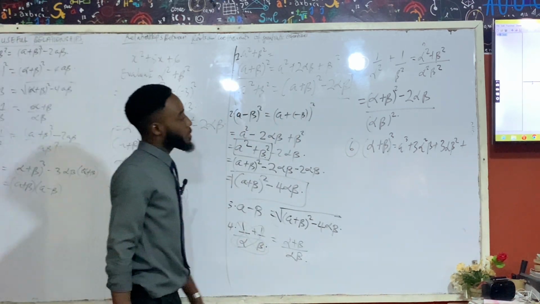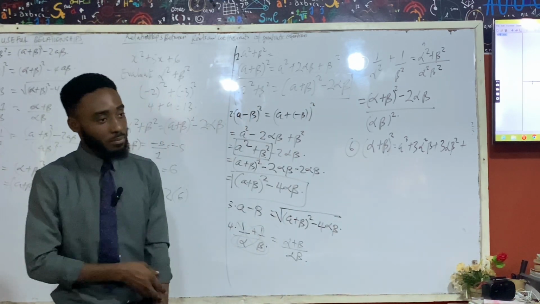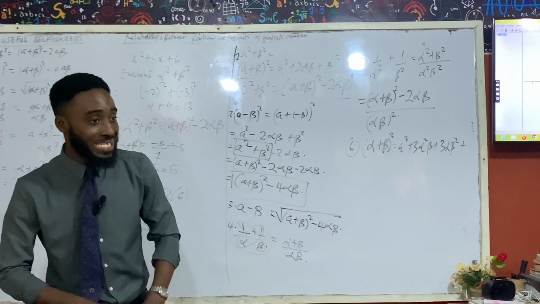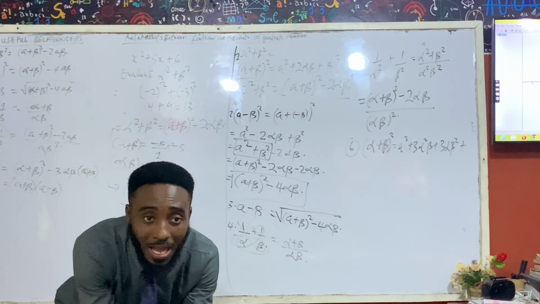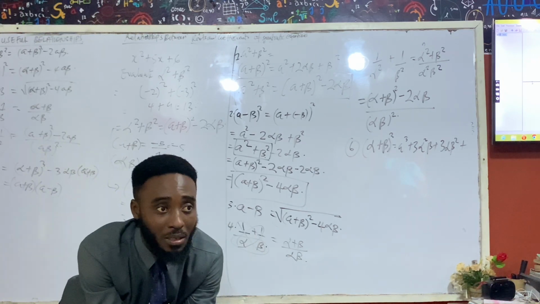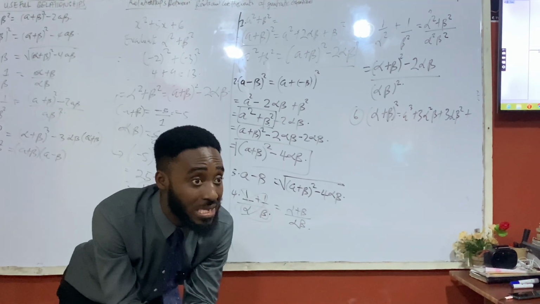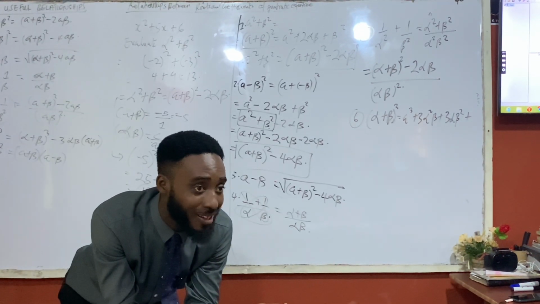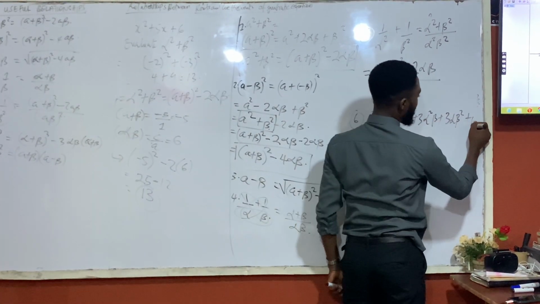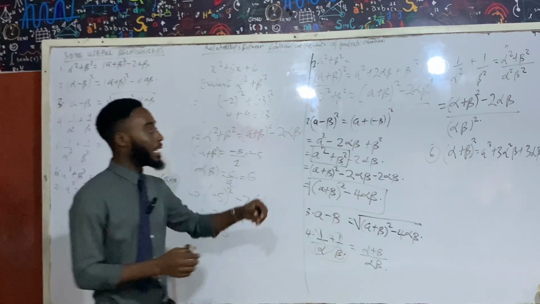Alpha cube plus 3 alpha squared beta plus 3 alpha beta squared plus, what's the last thing to add there? Plus beta cube. Yes. We've done binomial expansion, so whether I write A or beta is the same thing. So when you see beta, just go with that.